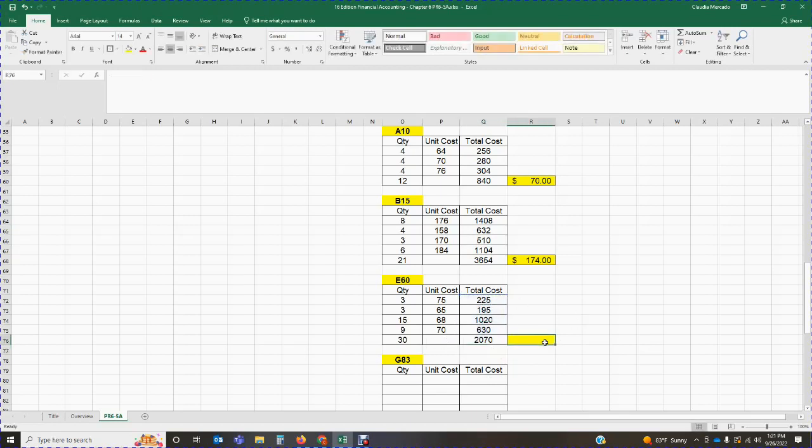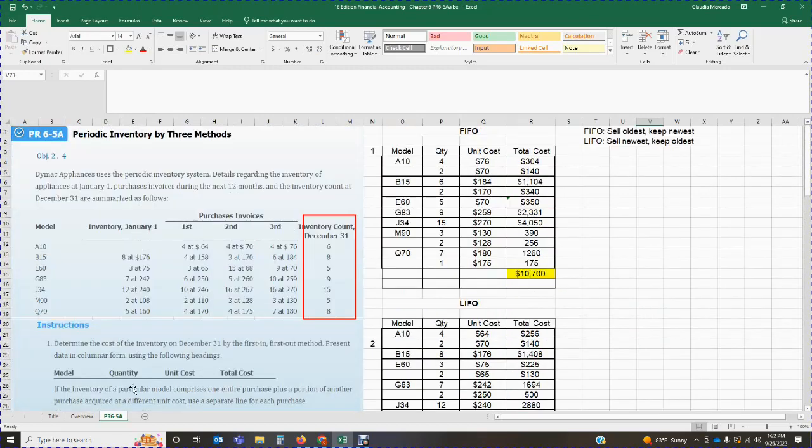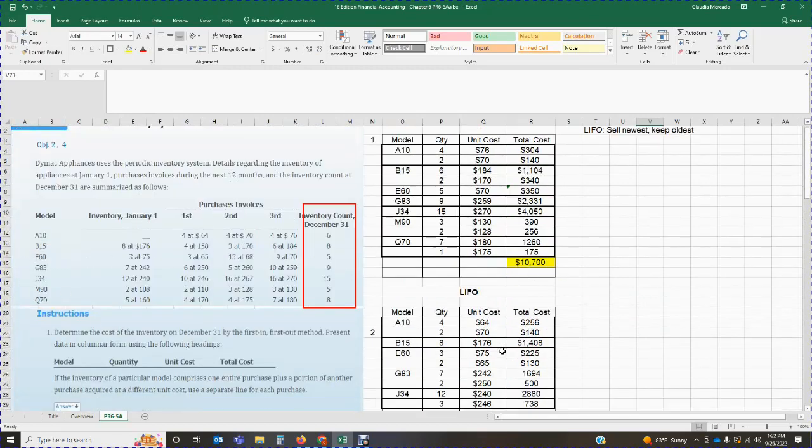So we're going to divide the $2,070 by the quantity, and that will give me $69 per unit. So now for E60, I know that I have 5 units remaining.